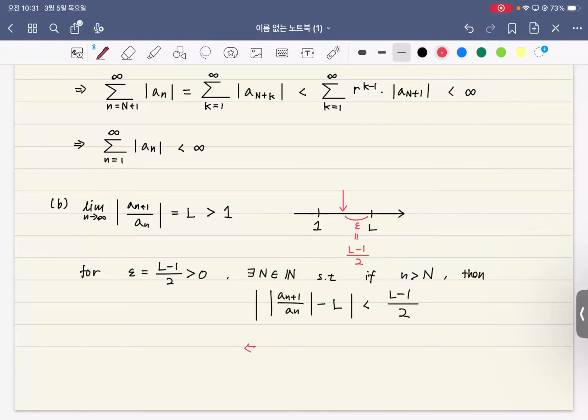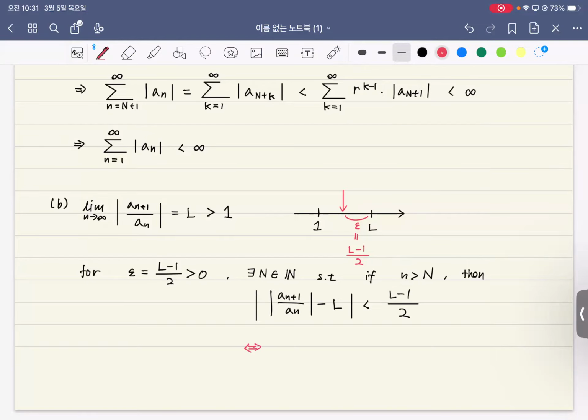This last inequality can also be written as a n plus 1 over a n lies between L minus (L minus 1) over 2 and L plus (L minus 1) over 2.